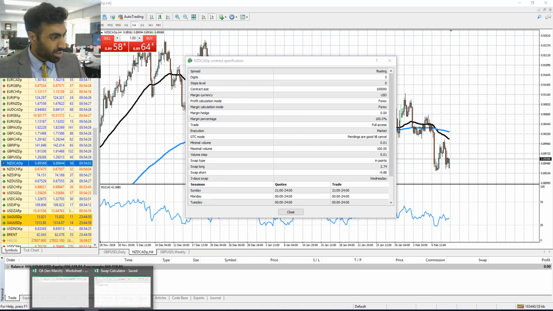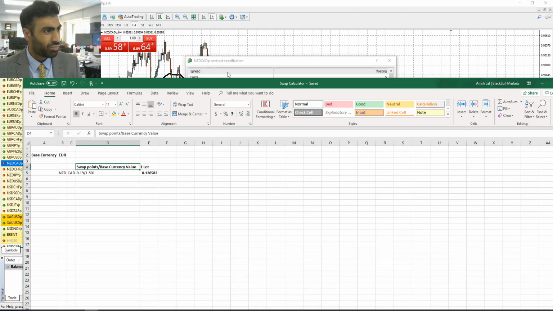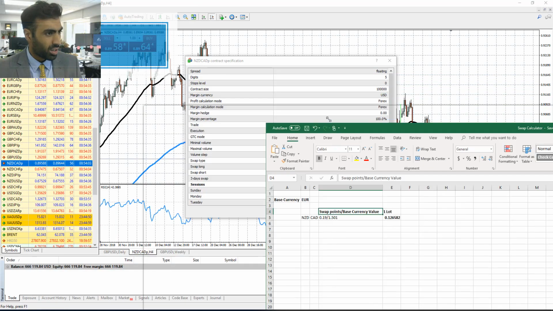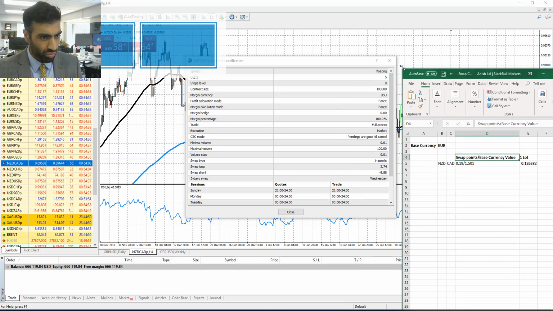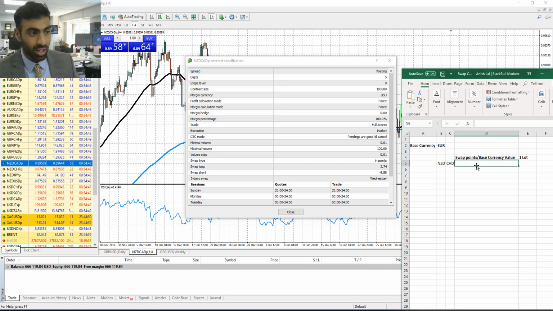What we do is you take your swap points, 2.74, and you divide it by the rate of your base currency value. So let's take 2.74 and divide by the euro to the CAD.